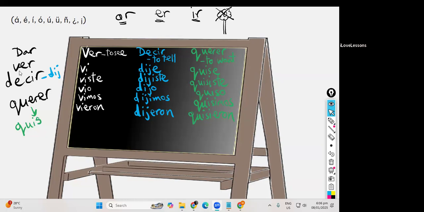So that shouldn't be too hard. Please revise what we did this week in terms of irregular preterites, especially so that next week we can do a quiz. It will probably be done anonymously, but we still want to be able to get the correct answers, right?